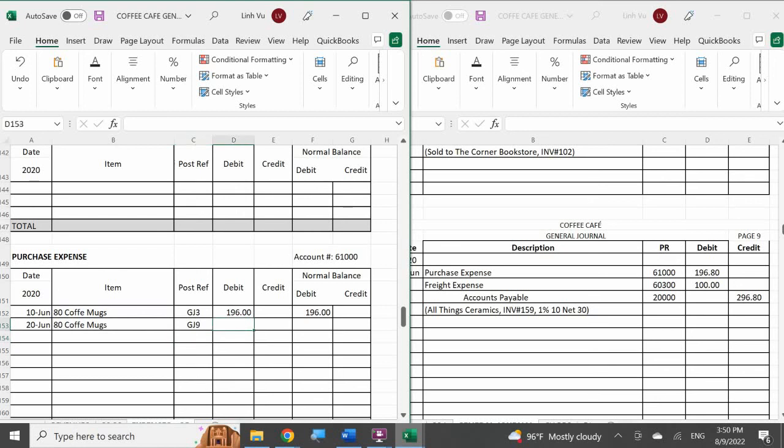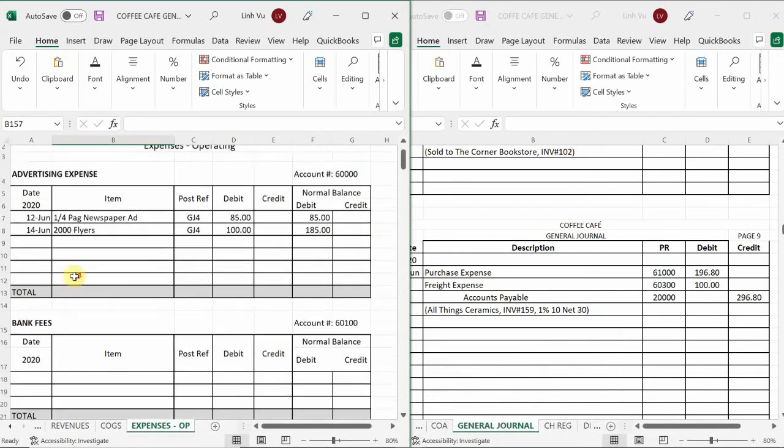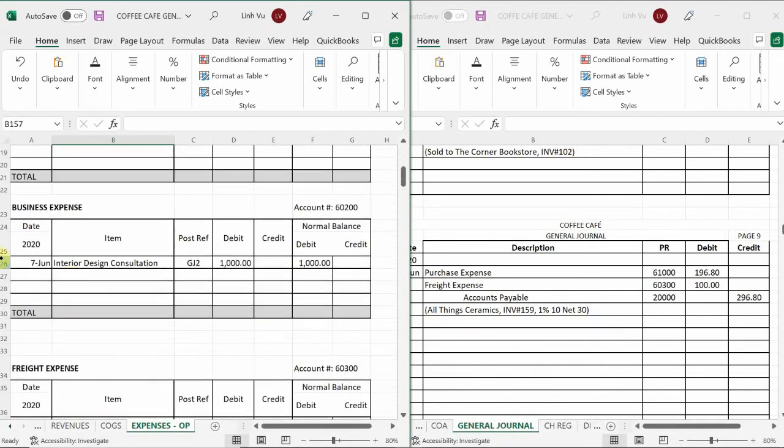Yes, we are on a new page now. 196.80. So you should have a current balance of $392.80. And then freight expense. Here we go.